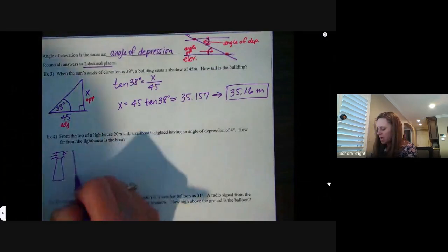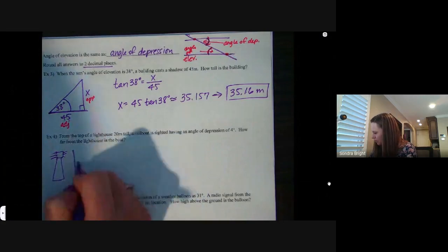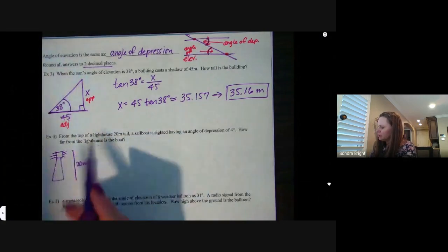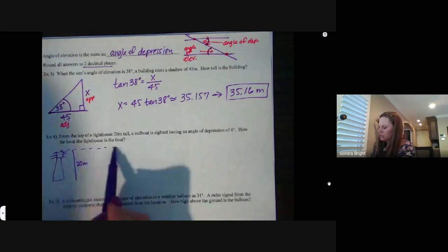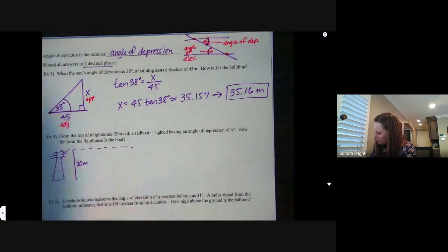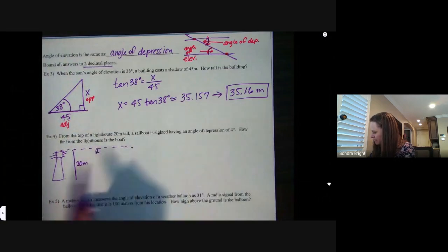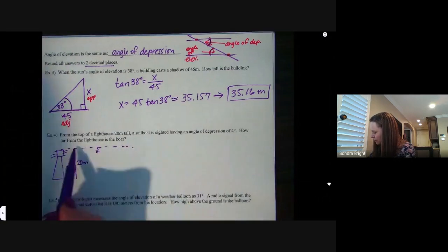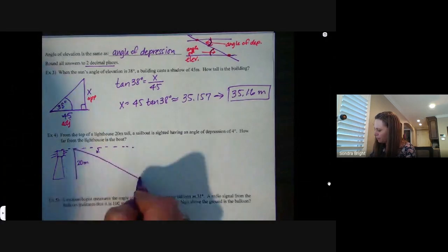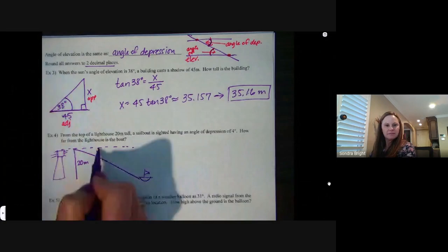And from the top of here, I'm going to draw a dotted line, a sailboat is sighted to have an angle of depression of 4 degrees. So angle of depression means it's like this. And let's say here's the sailboat. Angle of depression there, 4 degrees.